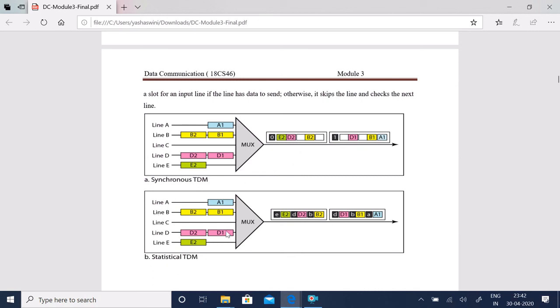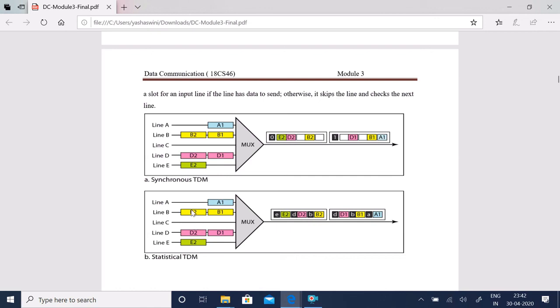But in statistical time division multiplexing, since E2 is the first frame to be transmitted, E2 is transmitted, D2 is transmitted, but it will not allot a slot for C because there is no data to be transmitted.